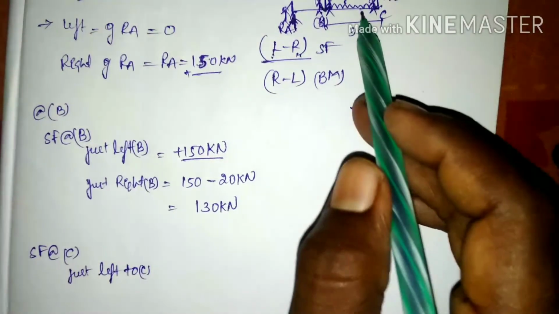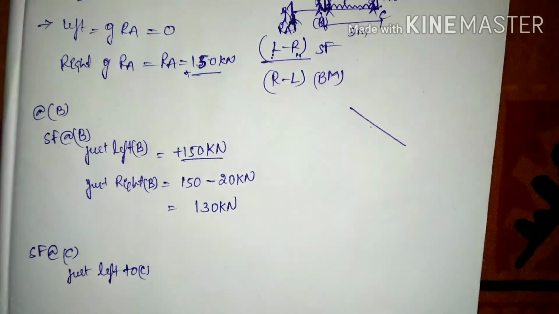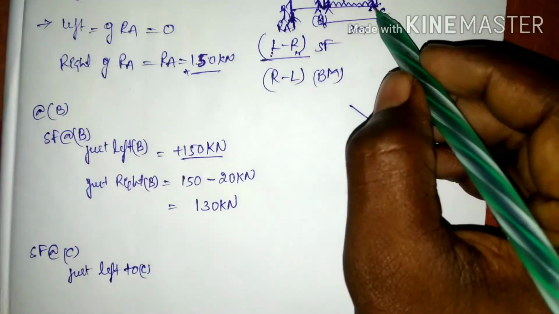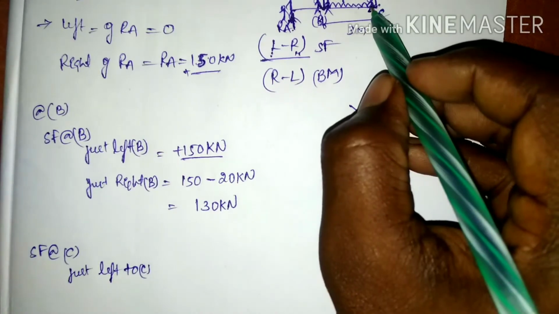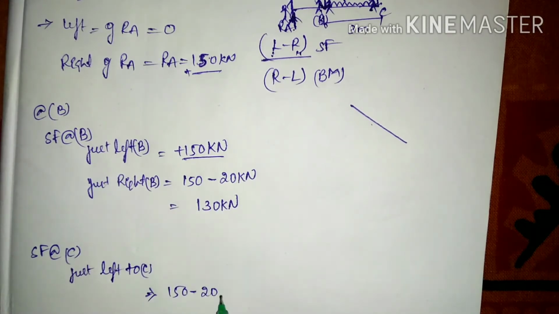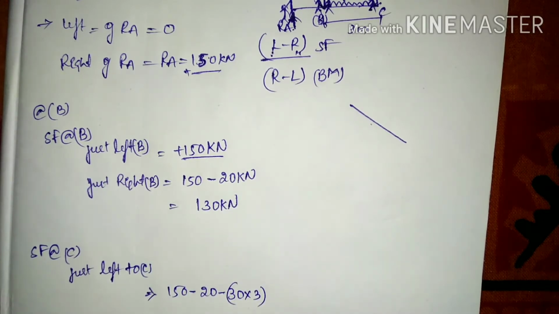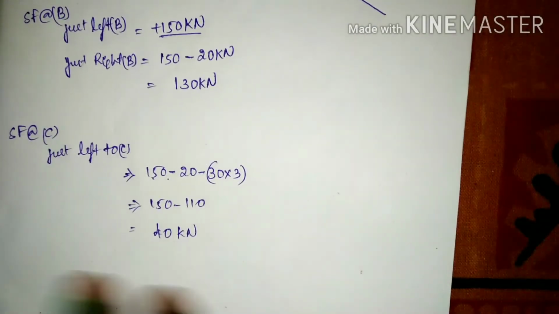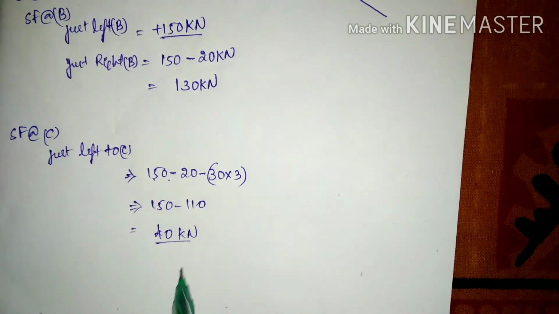So the value of shear force at C just left is going to be 150 minus 20 minus 30 into 3, that is 150 minus 110, which gives 40 kilonewtons.